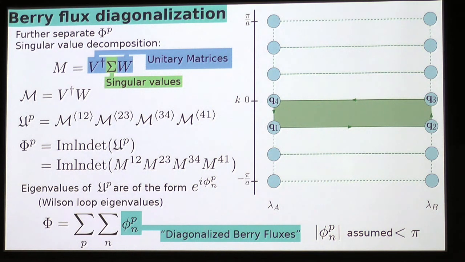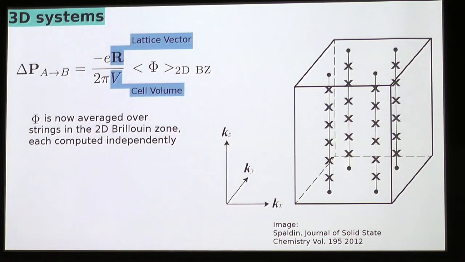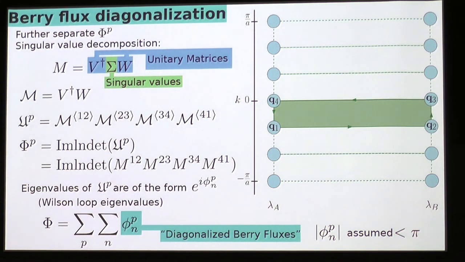In this context, I'm calling them diagonalized Berry fluxes because if we were in a gauge that diagonalized this overlap matrix, which you could construct actually from the eigenvectors, then it would be like this rotation around the plaquette. It has diagonal elements for the phase. So you'd kind of diagonalize the Berry flux. And it's going to be these smaller phases that we assume are smaller in magnitude than pi, and that's sort of the key assumption here.